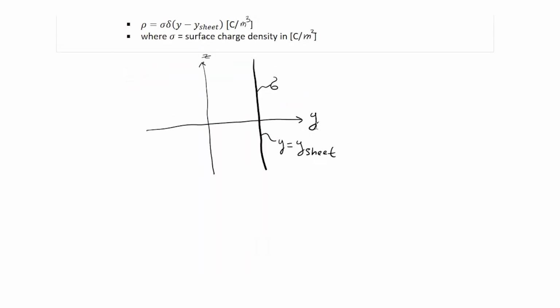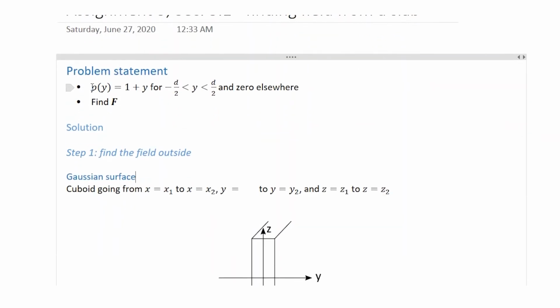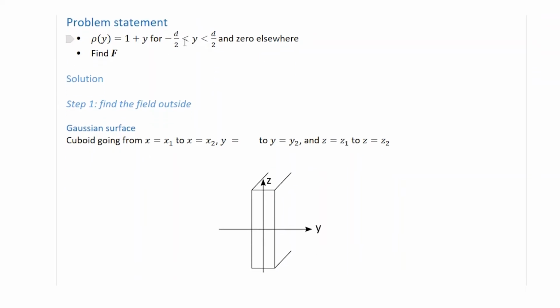Now let's discuss the portion of assignment 5, section 3.1 that deals with finding the field from a slab. The problem statement is like this. You have rho of y that equals 1 plus y from some left side to some right side. You see this d is the thickness of the slab. So you have d, the thickness of the slab.